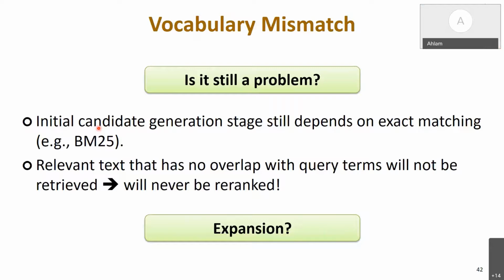It depends on the type of the expansion, if it's blind or explicit or implicit. Yeah, but what is the idea of query expansion? The idea is that I will retrieve some documents and take the co-occurring terms with the terms of the query and expand the query with these terms.